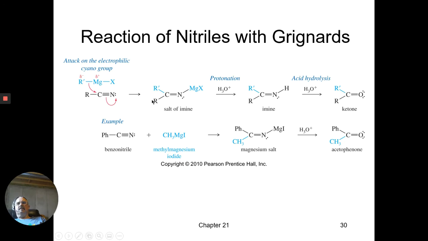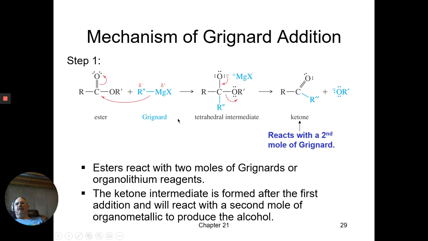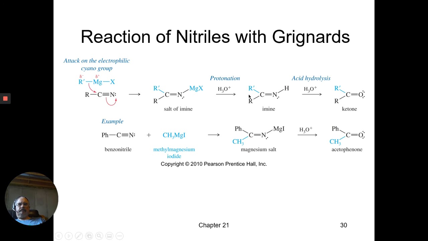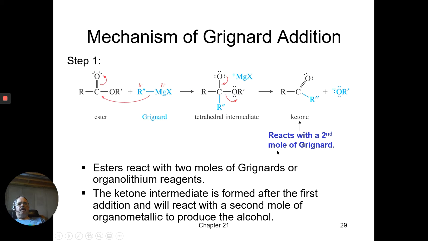Okay, here's the mechanism. This starts out just like it would with an aldehyde or ketone. The Grignard attacks the carbonyl. Instead of the oxygen getting protonated, though, oxygen pushes down, kicks out the alkoxide. The resulting ketone then reacts with a second equivalent of Grignard reagent.